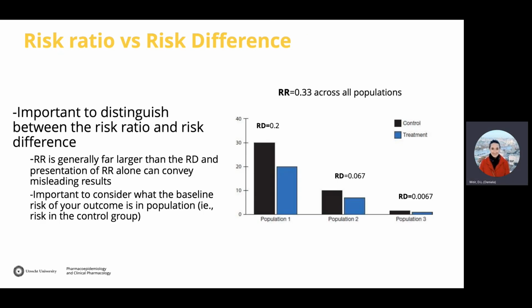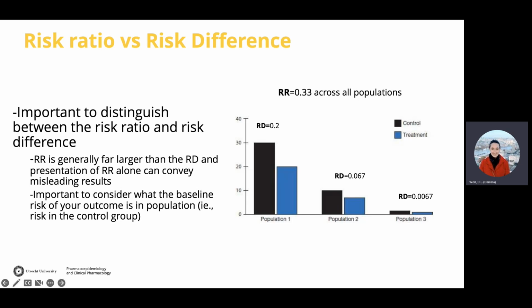So it's important to keep in mind the difference between the risk ratio and the risk difference, and also that it's important to typically calculate both in whatever study you're looking at, or to see whether they've calculated both an absolute measure and a relative measure of effect within a particular study that you're looking at or conducting.